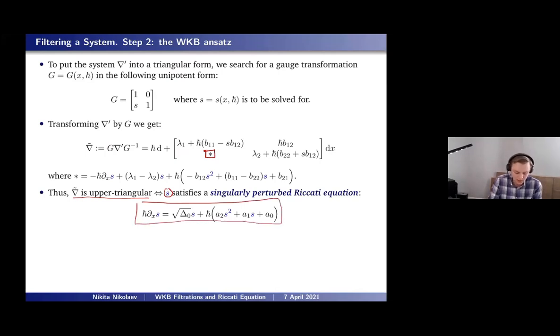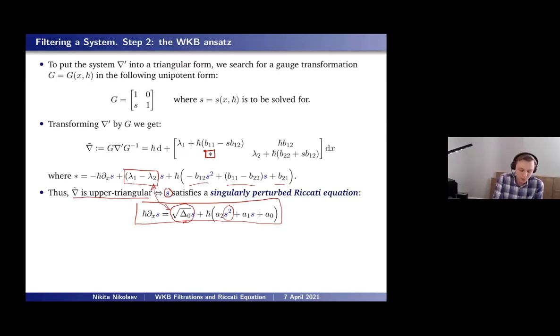It's a first order differential equation, which is quadratic in S. Here's the nonlinear term. A2 and A1 and A0 are whatever, they're just these coefficients. I made it simpler. The square root discriminant here, I've chosen the square root in such a way that this difference of eigenvalues lambda 1 minus lambda 2 is that square root.